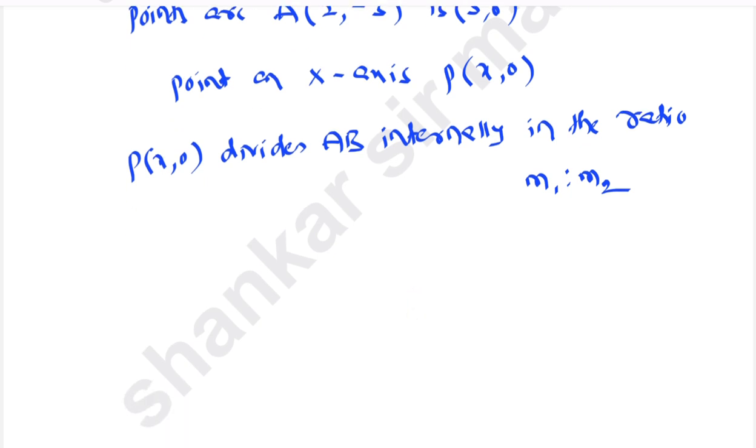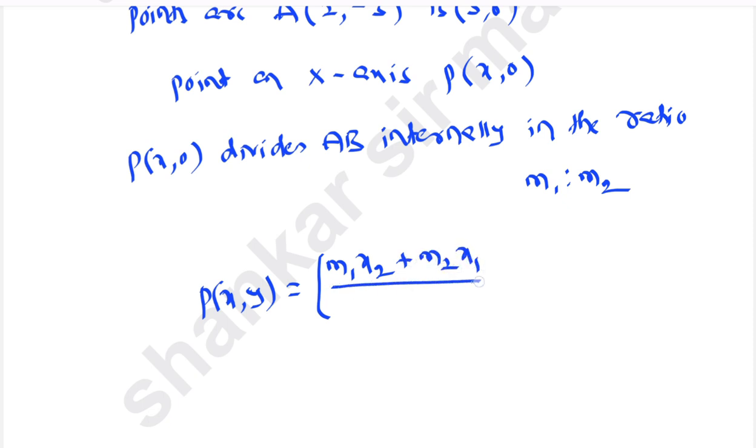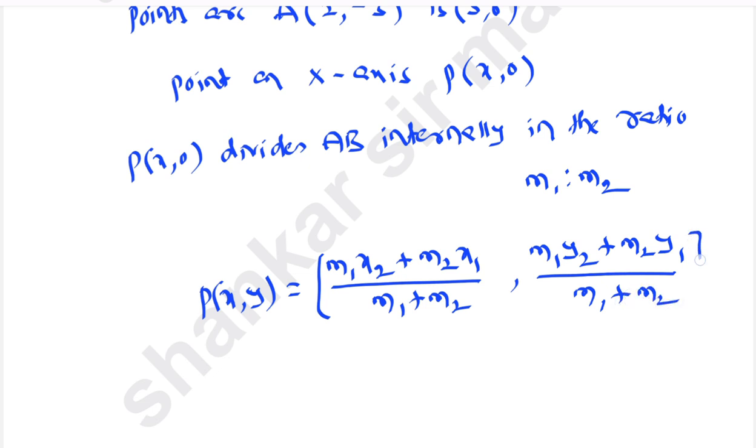Now what is the section formula there? P of (x, y) equals (m1x2 plus m2x1) by (m1 plus m2), comma (m1y2 plus m2y1) by (m1 plus m2).